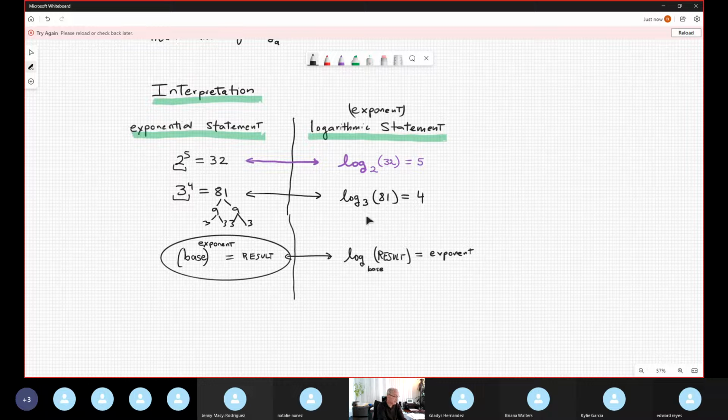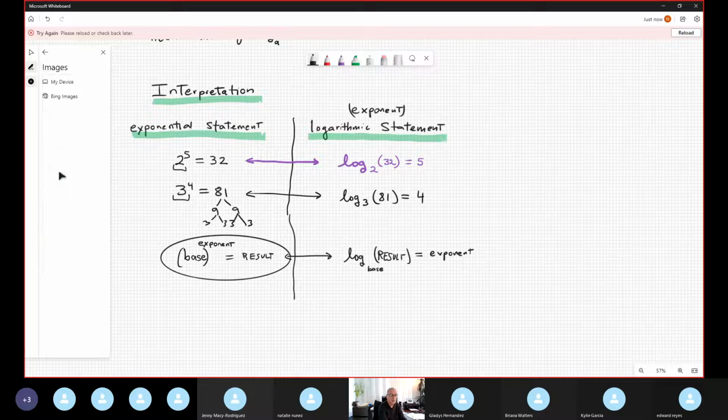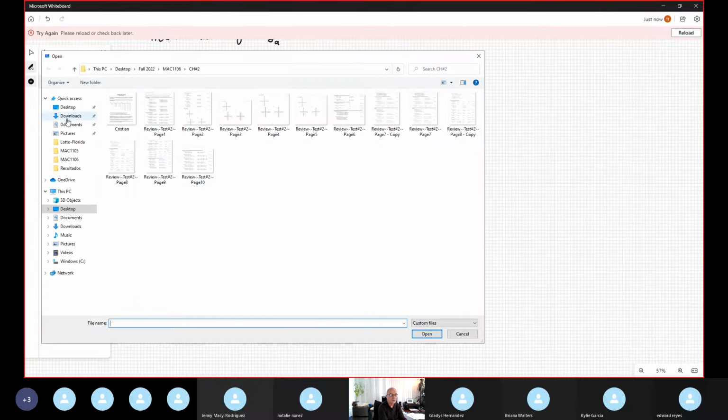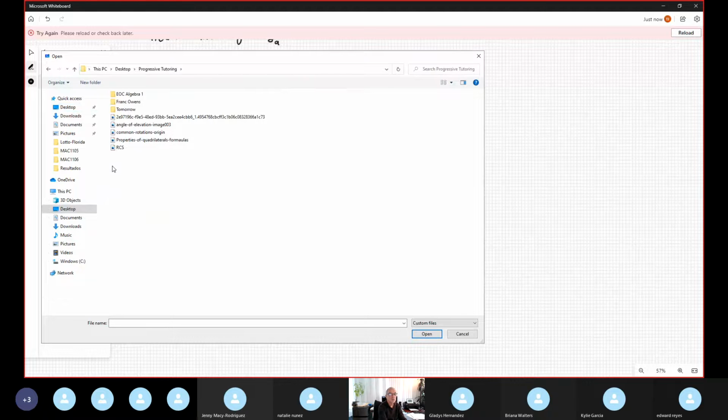Everyone needs a scientific calculator. Not too expensive, cheaper. But I recommend, for example, let me try. I have the image of this.